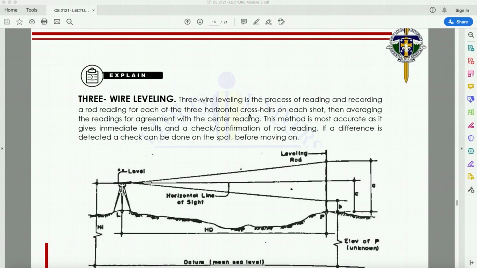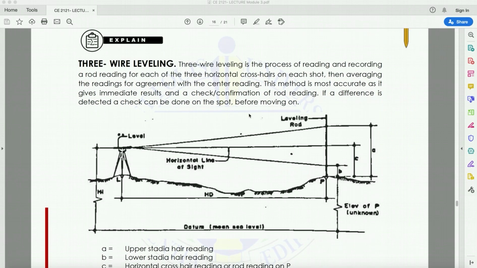So, 3-wire leveling is the process of reading and recording a rod reading for each of the 3 horizontal crosshairs on each shot, then averaging the readings for agreement with the center reading. This method is most accurate as it gives immediate results and a check or confirmation of rod reading. If a difference is detected, a check can be done on the spot before moving on.